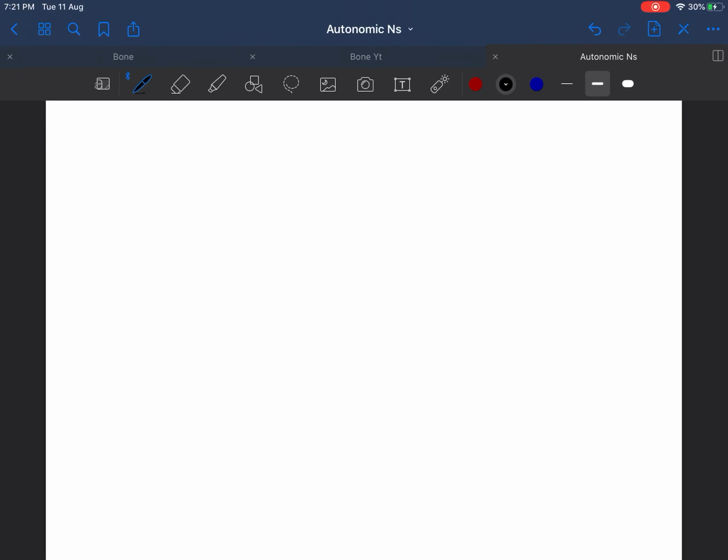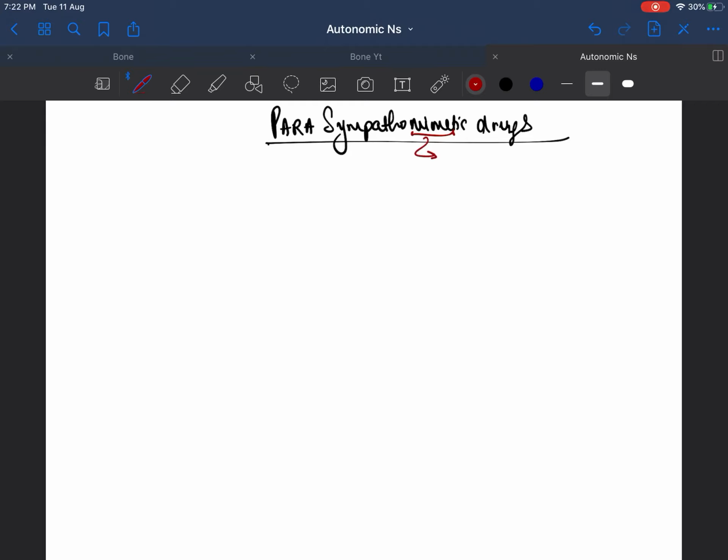Now coming to parasympathomimetic drugs. As the name suggests, these drugs mimic what? Acetylcholine. These drugs do what actions?